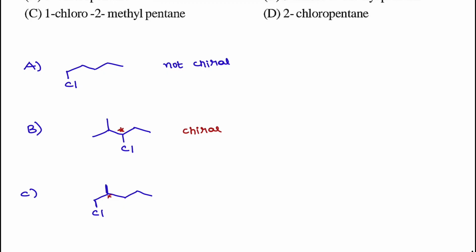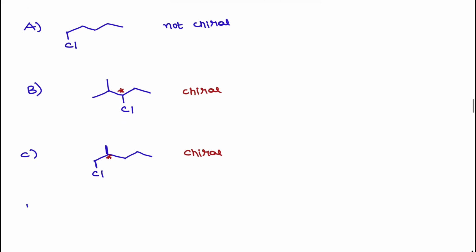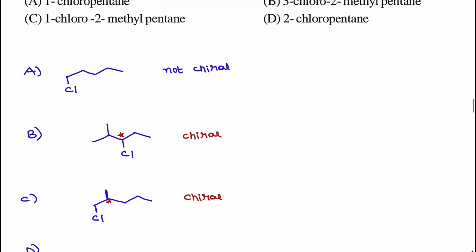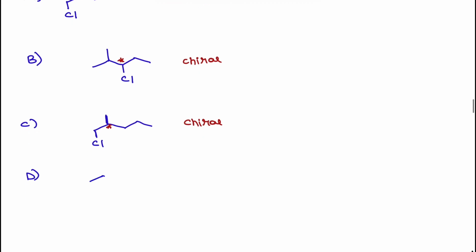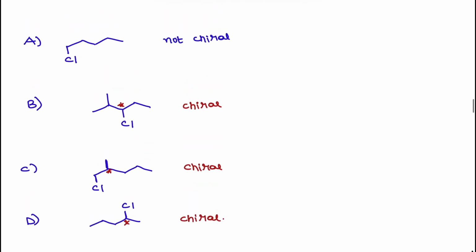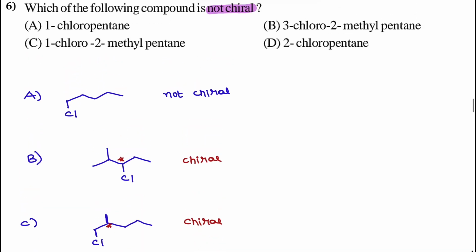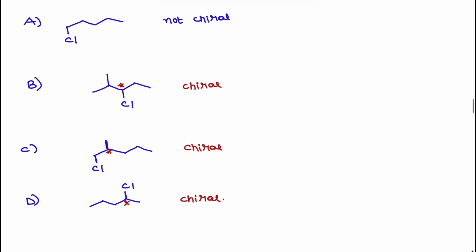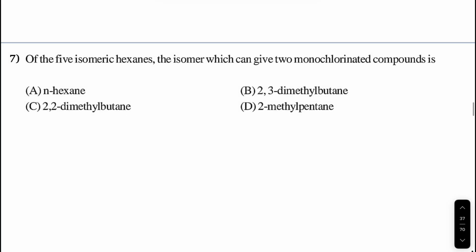Again here there is one chiral center, so this is always chiral. And option D, 2-chloropentane. Even here there is one chiral center. A molecule with one chiral center is always chiral. So which of the following compounds is not chiral? The answer is A. Next one.